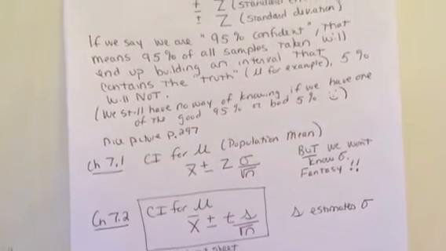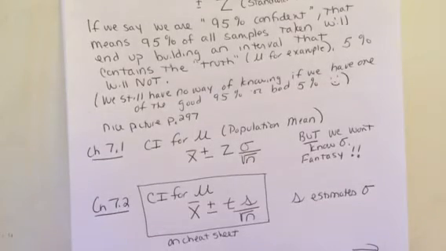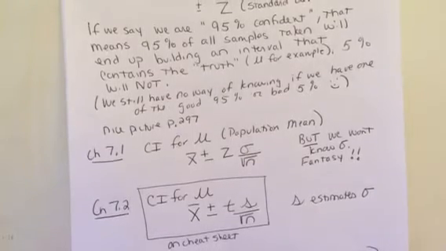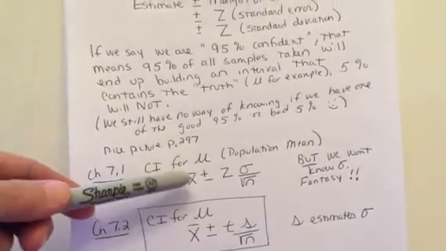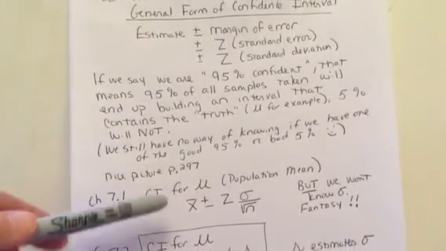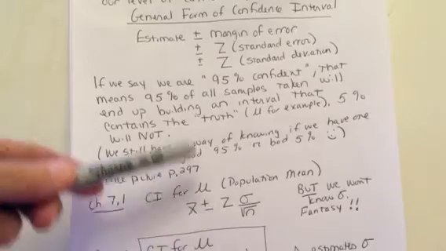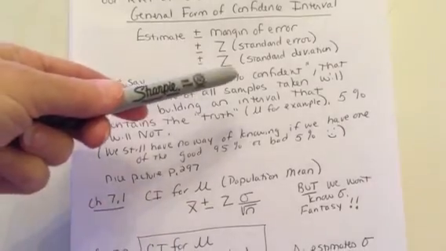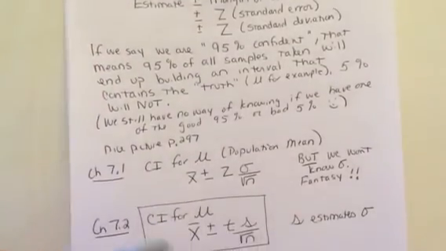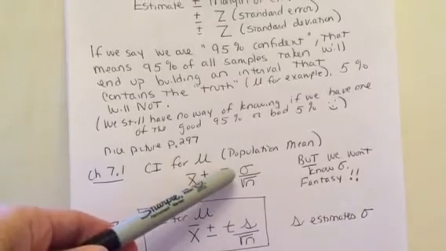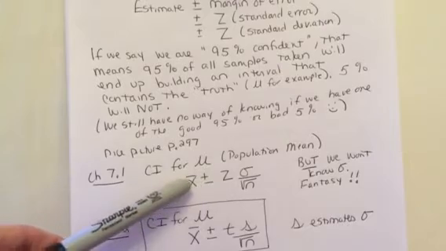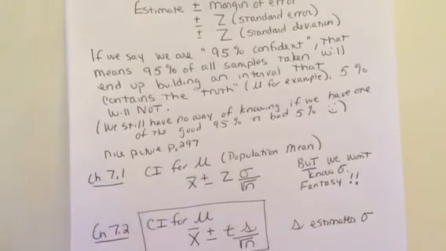So in chapter 7.1, they start to build the confidence interval for the population mean, for mu. So x bar is the estimate of mu, right? Z-score, standard deviation. Well, from what we talked about last time, the standard deviation of x bar is sigma over square root of n.